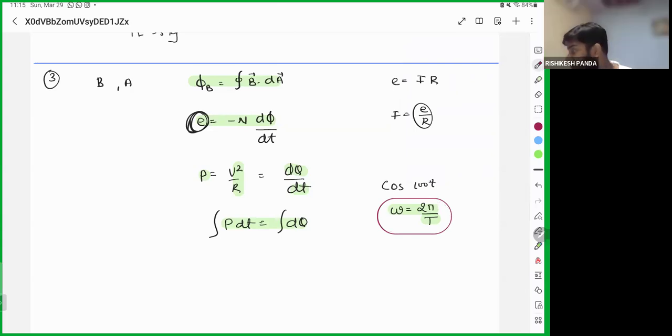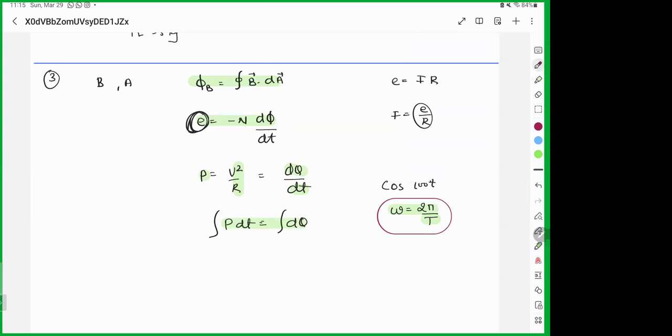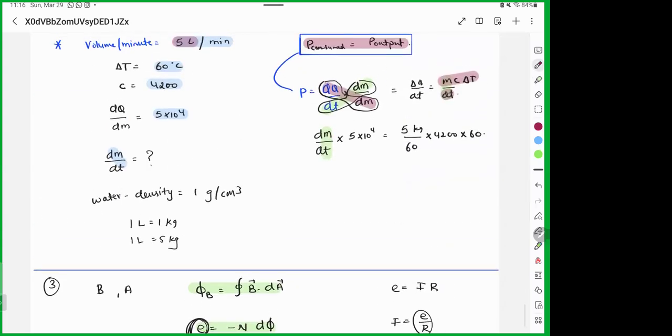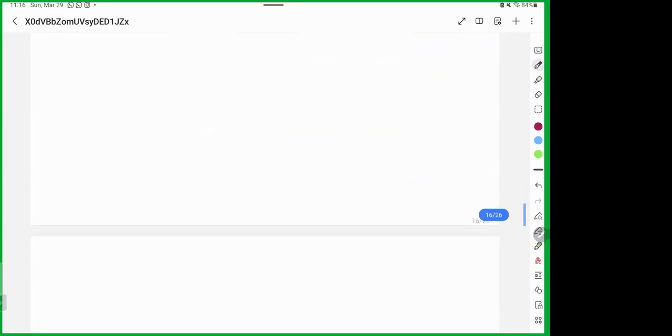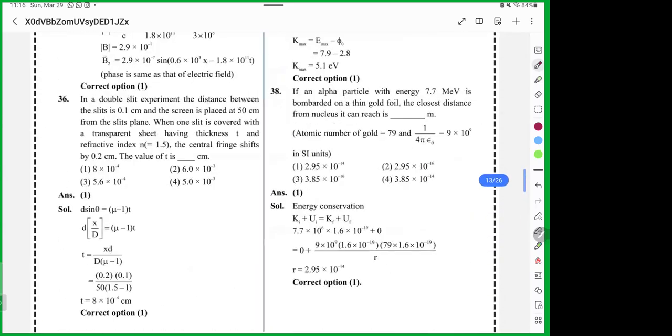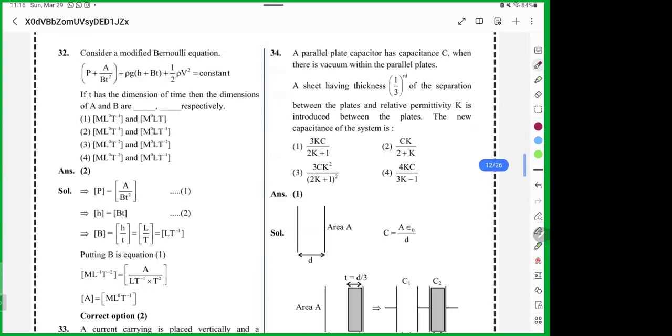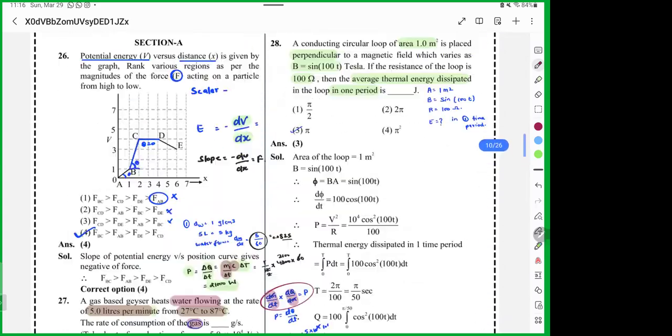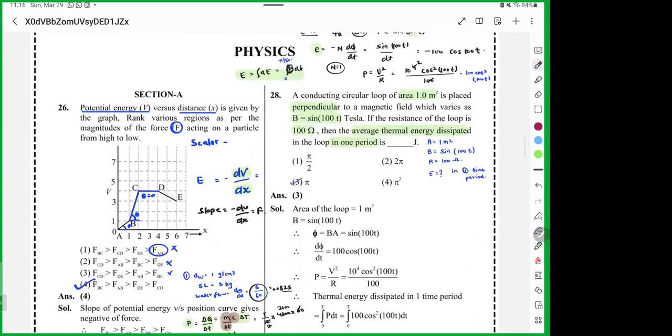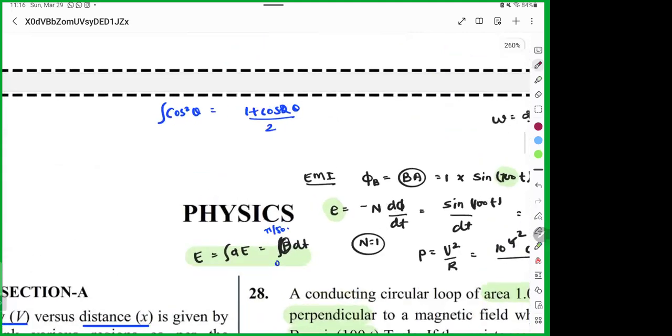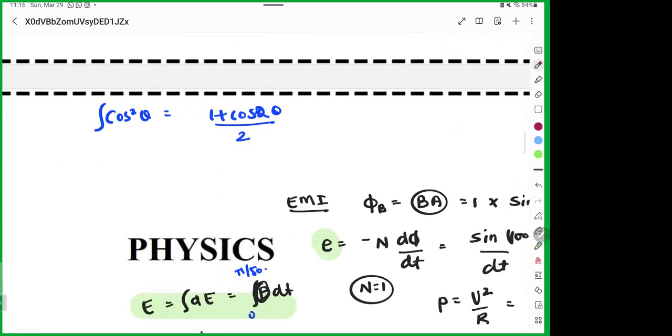Yes, sir. We are not bothered about the final answer. That's why I didn't calculate. Why? Because if I try to solve that question completely, your mind will be like, sir, there won't be this much mathematical calculation. The moment I said cos square theta is equal to 1 plus cos 2 theta by 2, your mind will block.